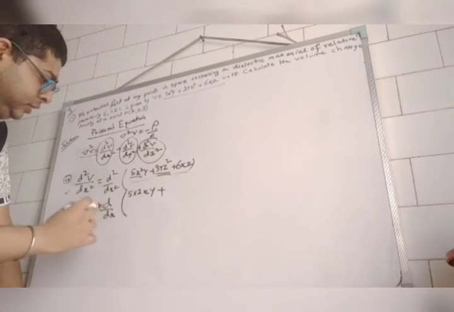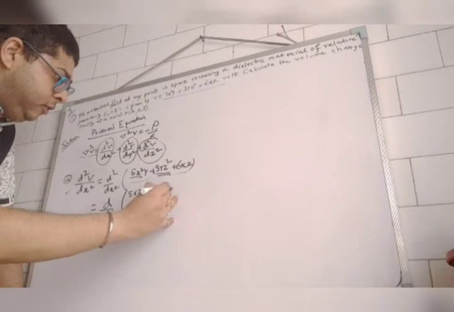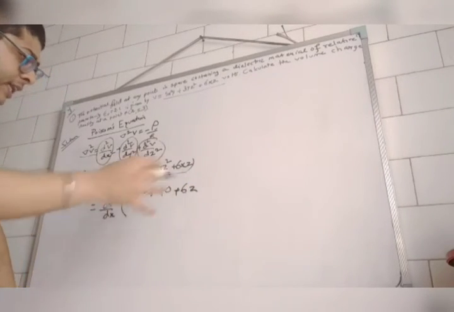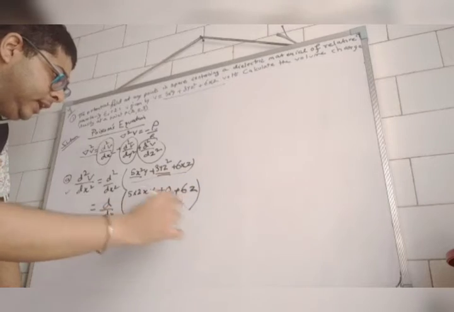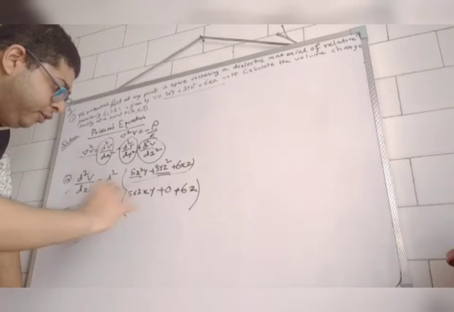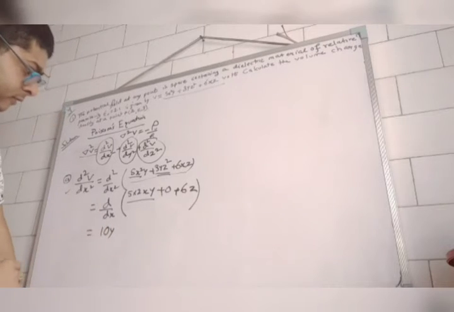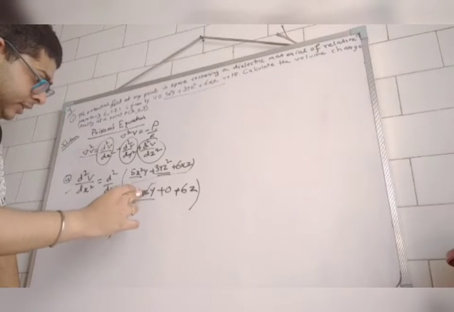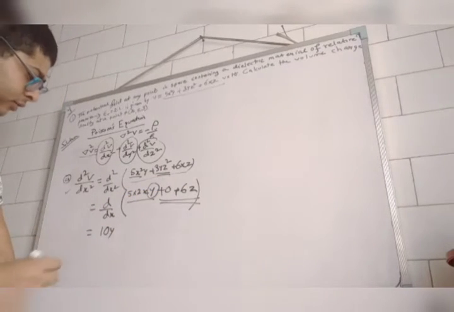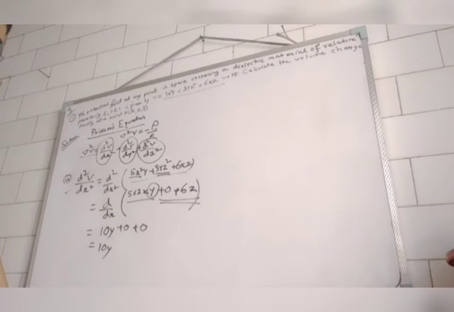There is no x term in the second term, so we treat it as constant and it will be 0. And here we have x, so this we can write as 6z, and dx will be 1. So this is what you got after the first differentiation. Again if you differentiate it, this will be 10y, because I am considering y to be constant, and the other terms have no x term, so all will be 0. So we have only 10y.